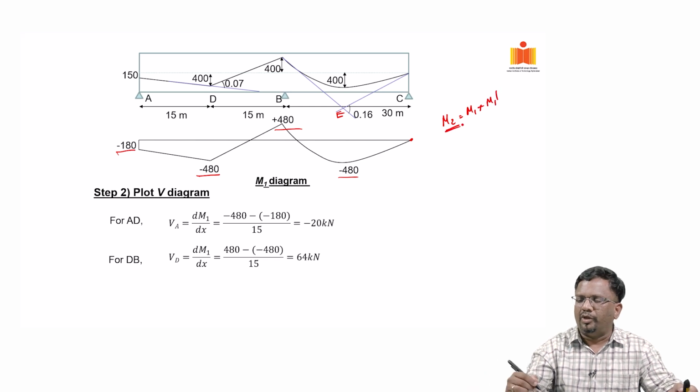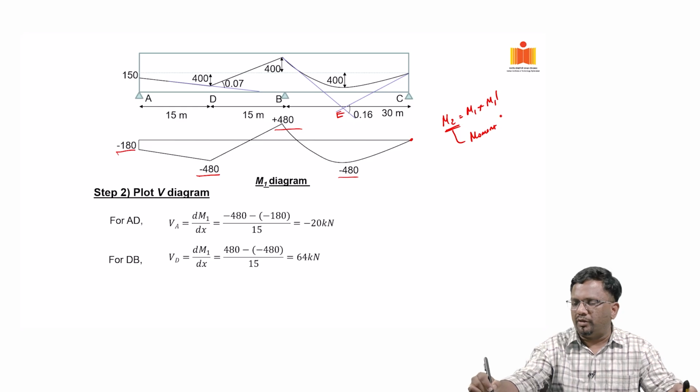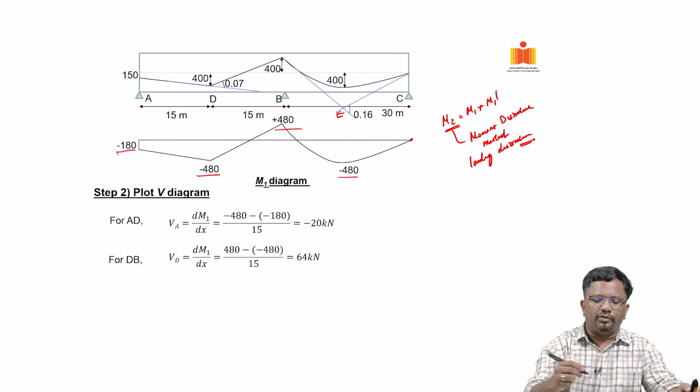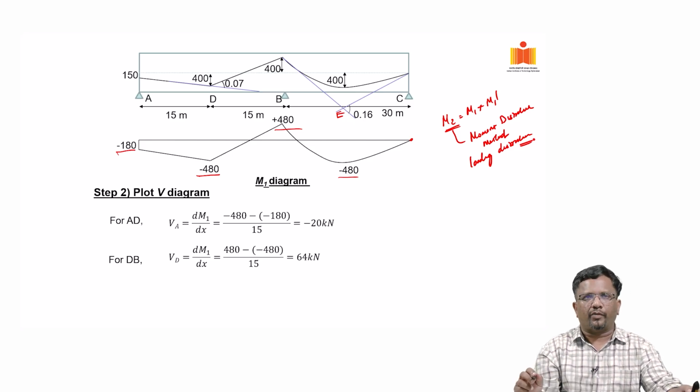So, to find M2 from the moment distribution method, I need to know the loading distribution on the beam. So, loading distribution we are doing in an indirect way, okay.